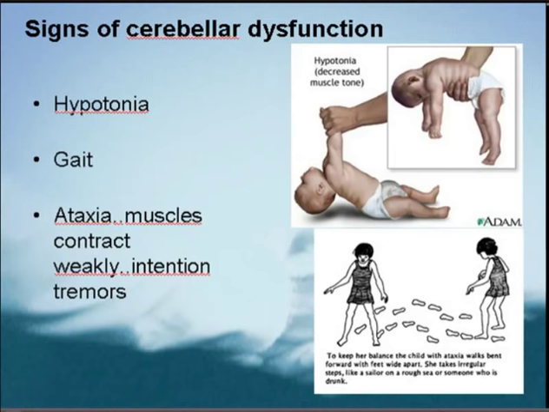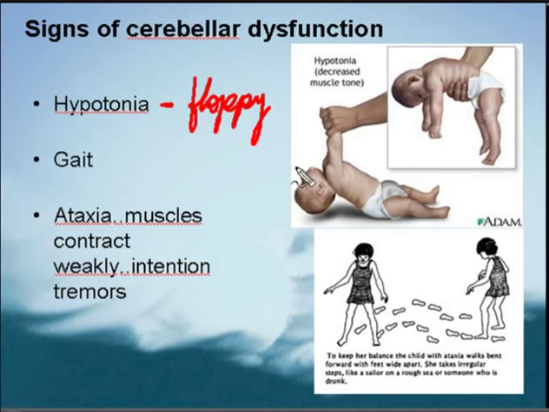So there's decreased muscle tone. And you can see up here a child is being lifted up. When you lift a little infant like this, it is really a dangerous thing to do because you can actually dislocate the radius. But anyway, when you lift a child up like that, you can feel a certain resistance. In this case, you can see that this child feels absolutely floppy. So this is what is known as hypotonia.